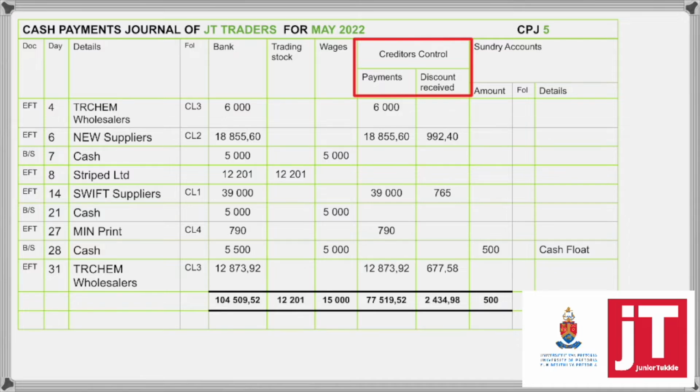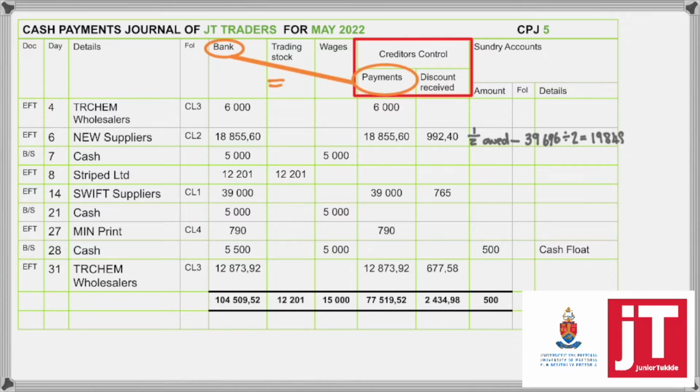The other method is where the creditor's control is there instead of payments, and then creditor's control must be the total amount owed. So bank plus discount normally gives you creditor's control, or in this case the payments amount plus the discount gives you the total creditor's control amount. So when they give it to you this way, it means that the payments is equal to the bank amount.